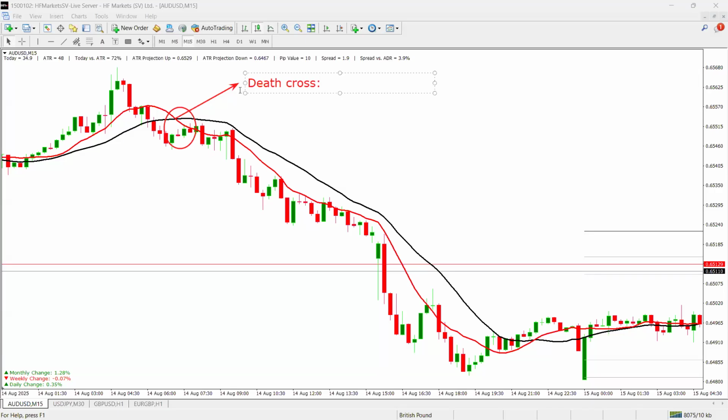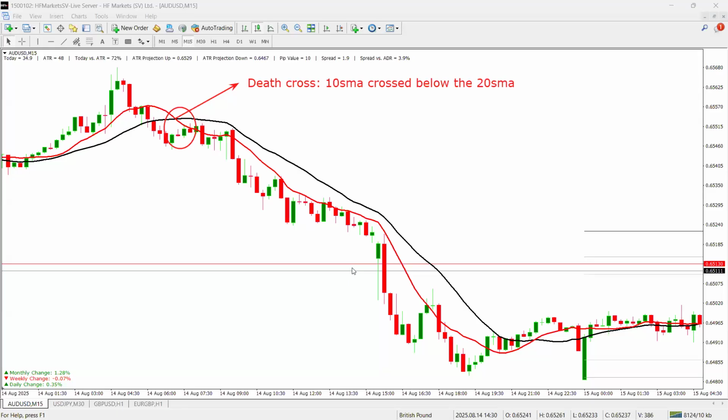Because the first one, which is the 10 SMA, moved or crossed below the 20 SMA. And what we saw happen after this point was a consistent movement of prices lower in the market. After the faster one, the 10, moved below the 20, we saw price continue to go down, right? That was a death cross there.